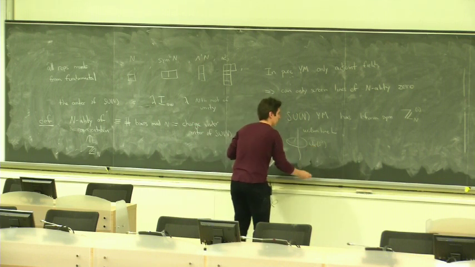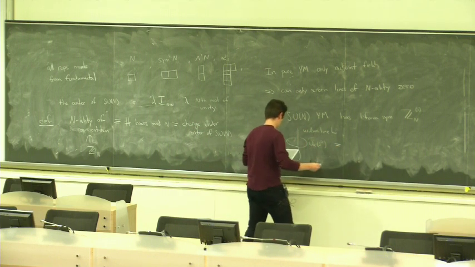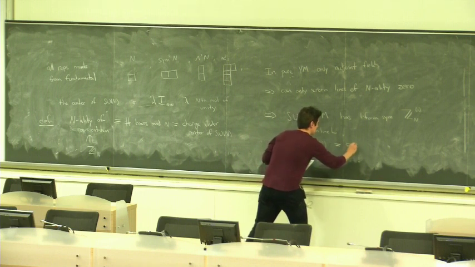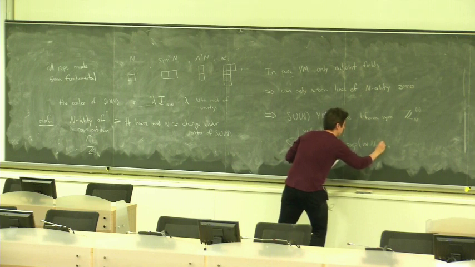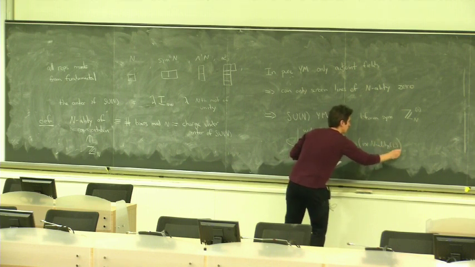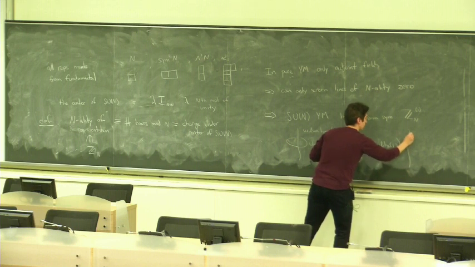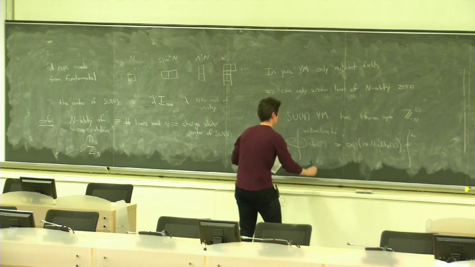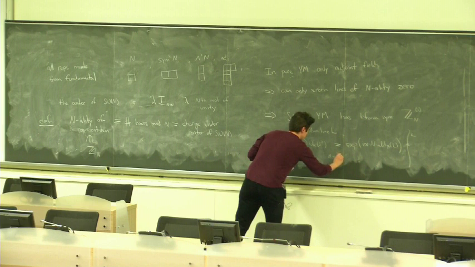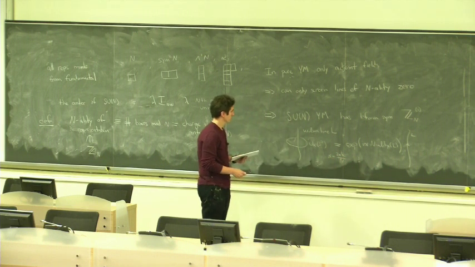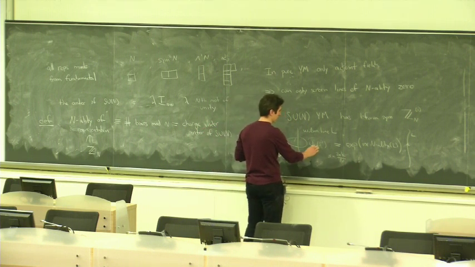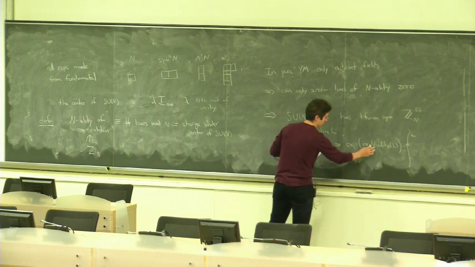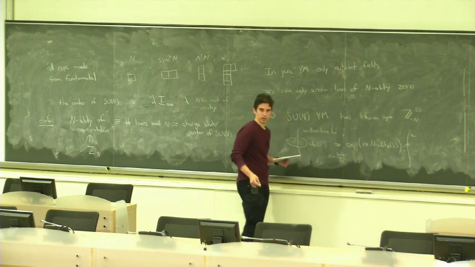So this is exp(i alpha) to the n-ality of L, and then again L. Since alpha is an nth root of unity, it's okay here that the n-ality is only defined mod n.